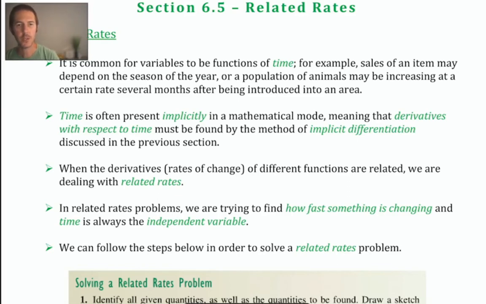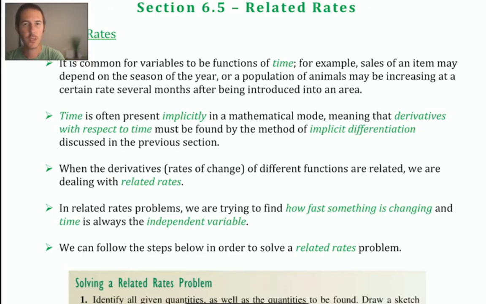One thing that's being mentioned here is that time is often present implicitly in a mathematical model. Especially if we're talking about cost analysis or revenue or profit, or in a physics class you might see an example with projectile motion, where the height or distance away from another object or a starting point is changing.